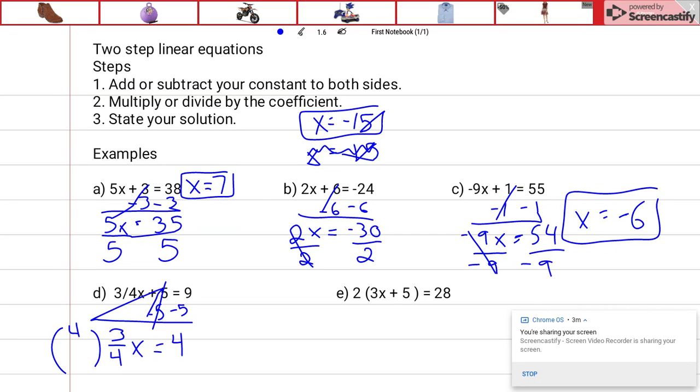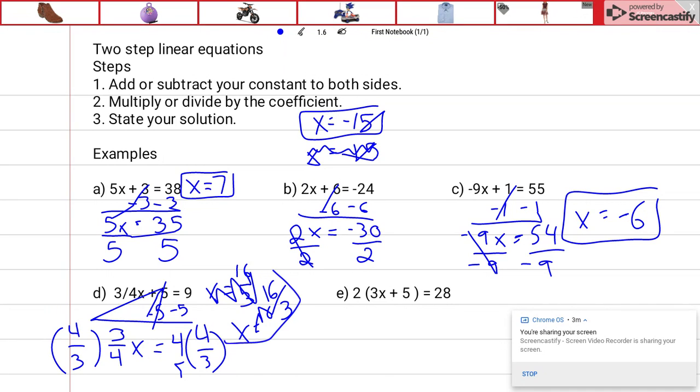So I'm going to multiply each side by 4/3. The left side is going to turn to x equals, and I can make that 4/1. 4 times 4 is 16, 1 times 3 is 3. So yes, you can have solutions like this. My solution here, I'm going to rewrite it, is x equals 16/3. That's going to be my final solution there.